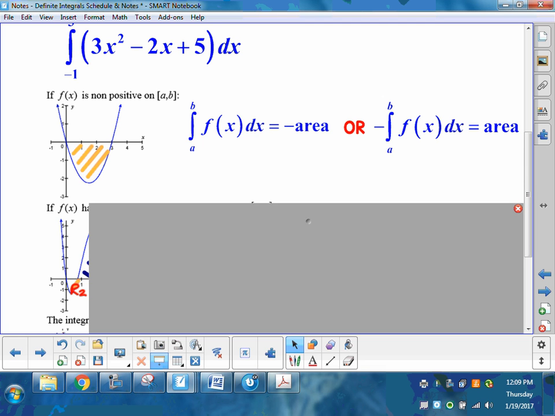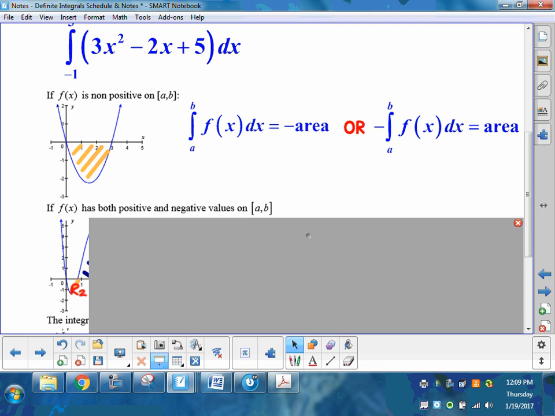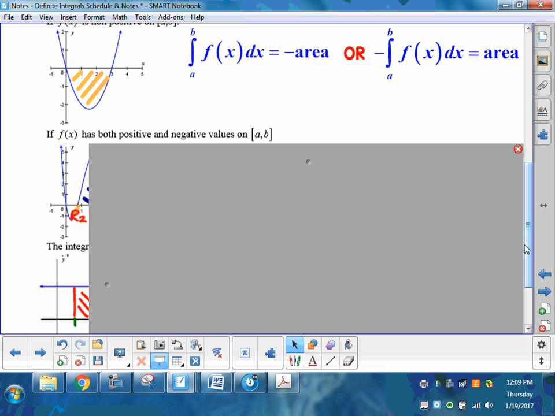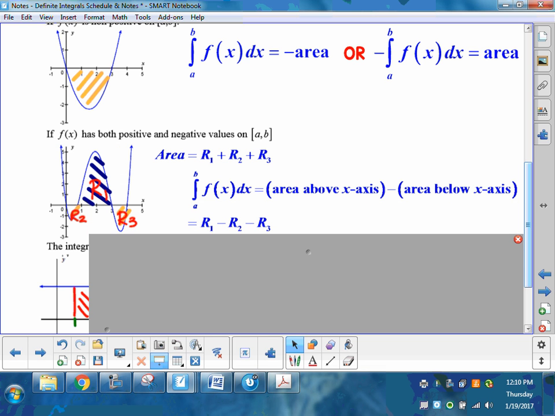The next one up, what happens if it has both positives and negatives? You have to go through and break it up. So, if that's what's on your paper, how many areas under the curve do we have to take?